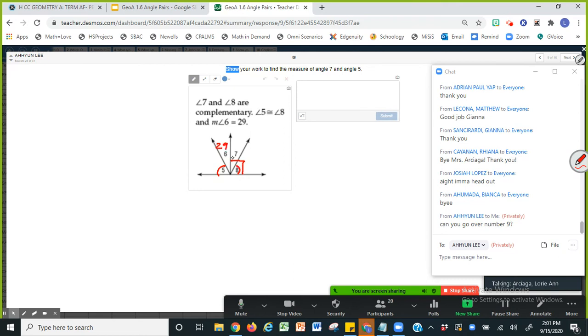So to find the missing value for 7 and 5, you have to use these two angles first, Alice, because you already know one of them is 29, so you can find angle 5, right? And once you know angle 5, whatever that answer is, it's also going to go to angle 8. And then once you know angle 8, you can subtract it from 90 to get angle 7. Did that make sense? So you have to find angle 5 first. That's the first thing you have to find. You have to subtract the 29-degree angle from 90 degrees.